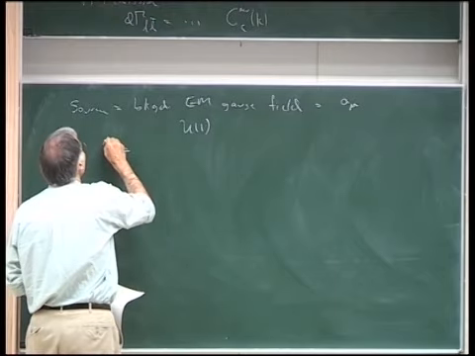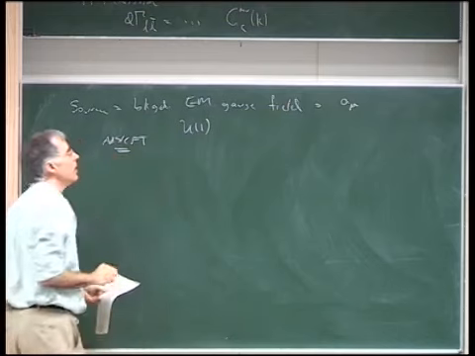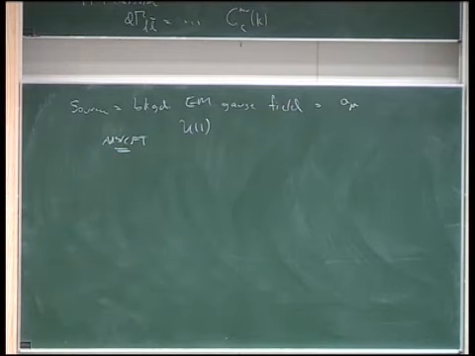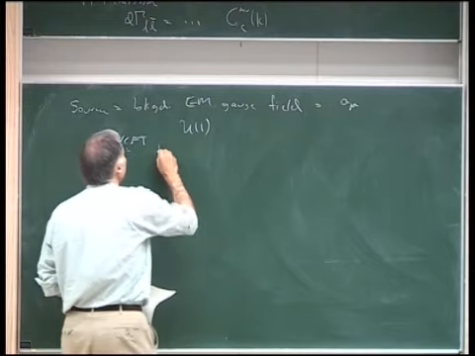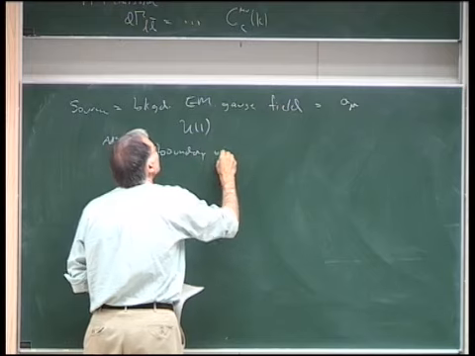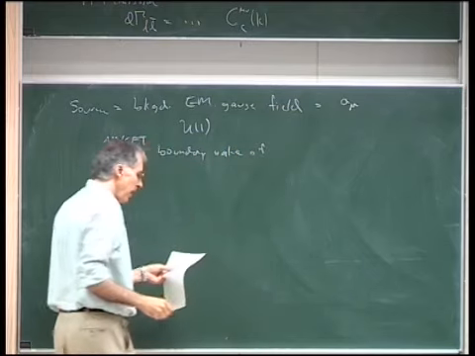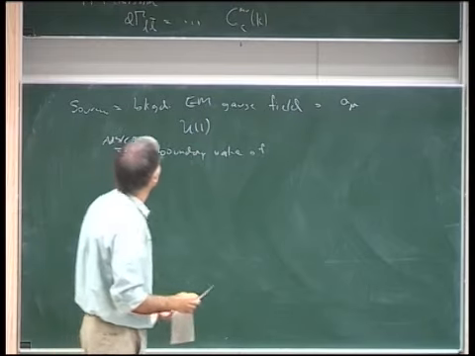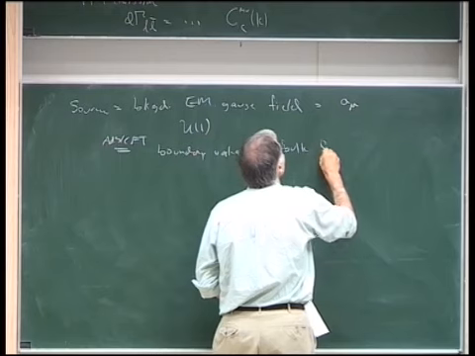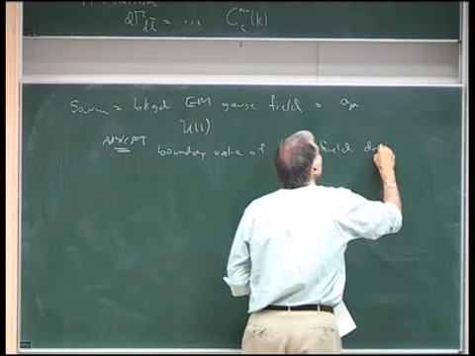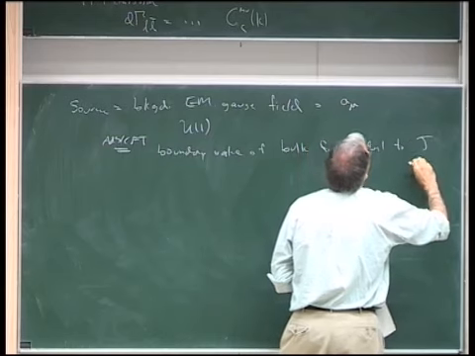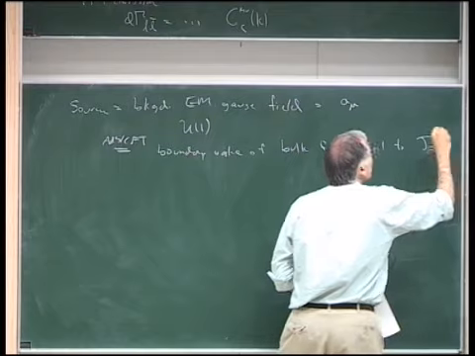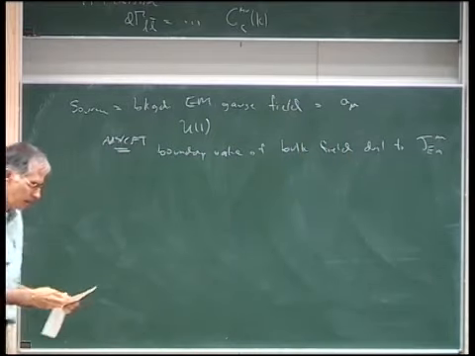And therefore, under our gauge-string duality, this is going to be the boundary value of the bulk field, which in a sense is dual to our operator of interest, which is going to be the electromagnetic current.